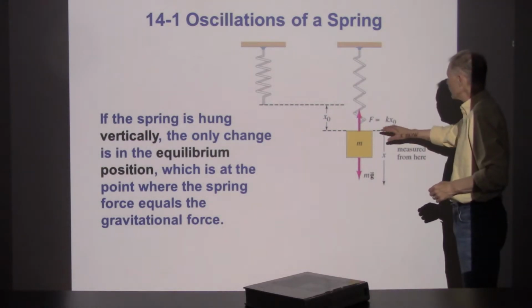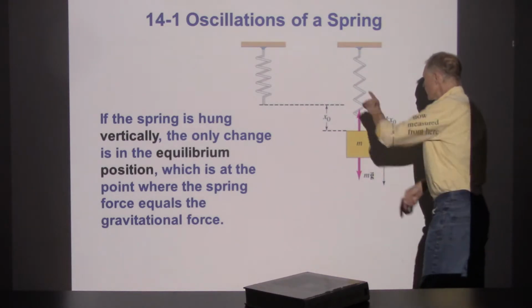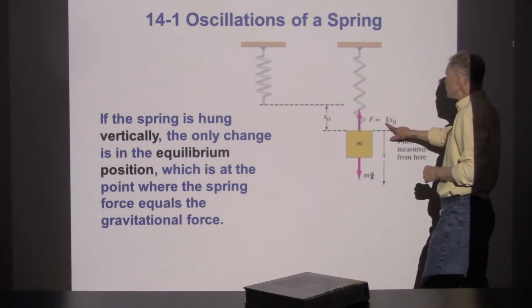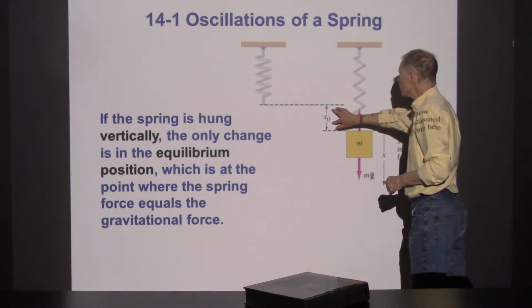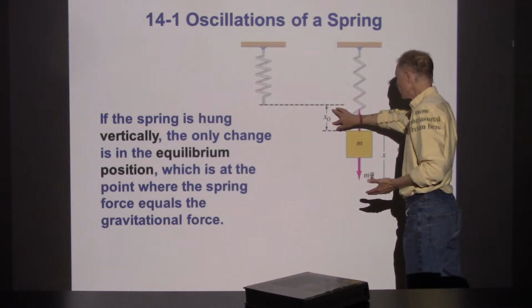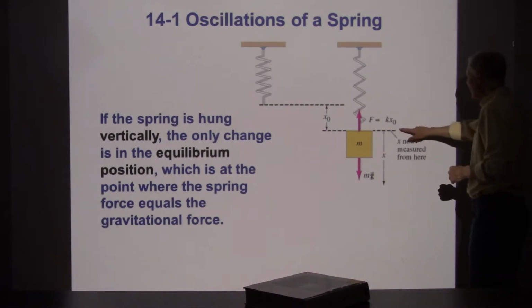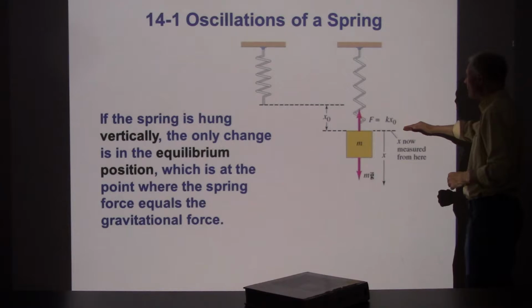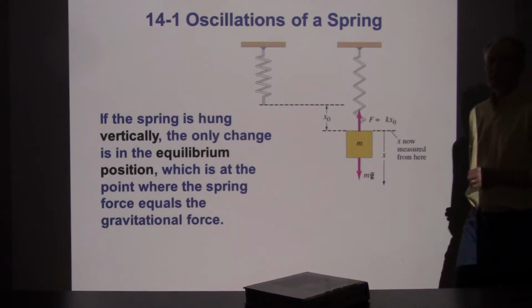So we can say that at the equilibrium point, there's a gravitational force downwards. There is a force of the spring. Now the force of the spring is going to be k x naught, where x naught represents a positive number, a positive difference, and it's in this direction. So x now is going to be measured from here. This is the equilibrium point for the oscillations.